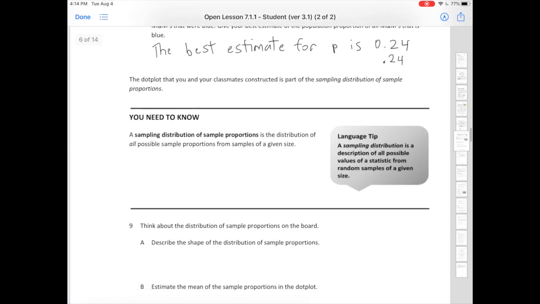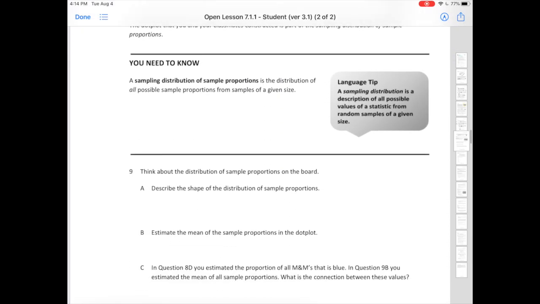Okay, so let's keep going here. It says you need to know. Again, these "you need to know" boxes are super important. These summarize the definitions. A sampling distribution of sample proportions is the distribution of all possible sample proportions from samples of a given size. A sampling distribution is a description of all possible values of a statistic from random samples of a given size.